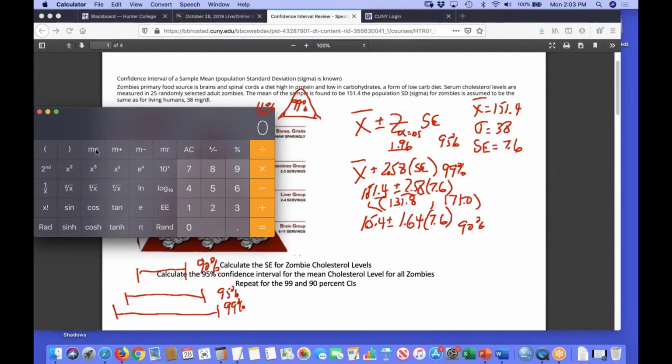Okay, so I'm going to clear out memory, and I'm going to go 1.64 times 7.6 is equal to 12.4, a smaller number for a margin of error.